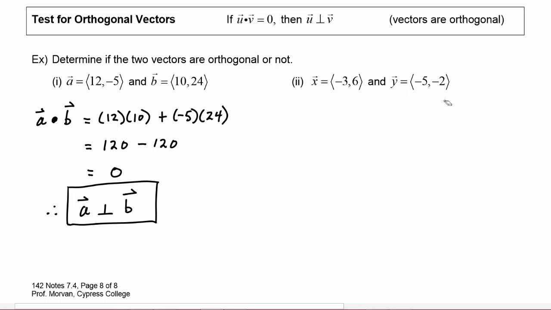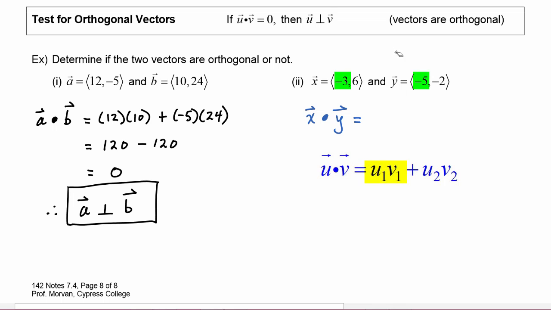In this next problem, we have to look at the dot product of vector x with vector y. We take the product of the horizontal components, so negative 3 times negative 5, and add that to the product of the vertical components, so 6 times negative 2.